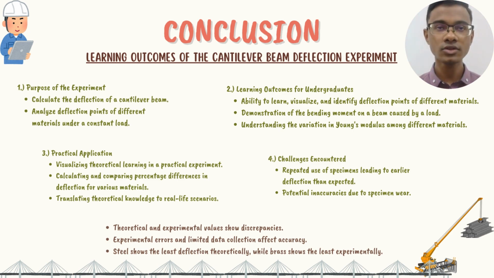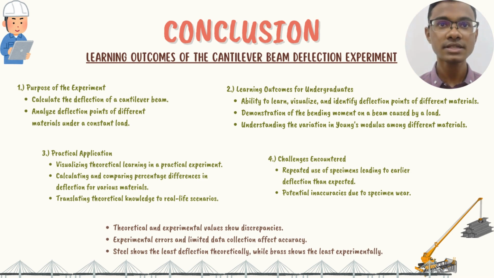Moving on, the conclusion. It is a culmination of the learning outcomes of the cantilever beam deflection experiment. Well, first, to culminate the purpose of the experiment. It is basically to calculate the deflection of a cantilever beam and also to analyze deflection points of different materials under a constant load. Next would be the learning outcome for undergraduates.